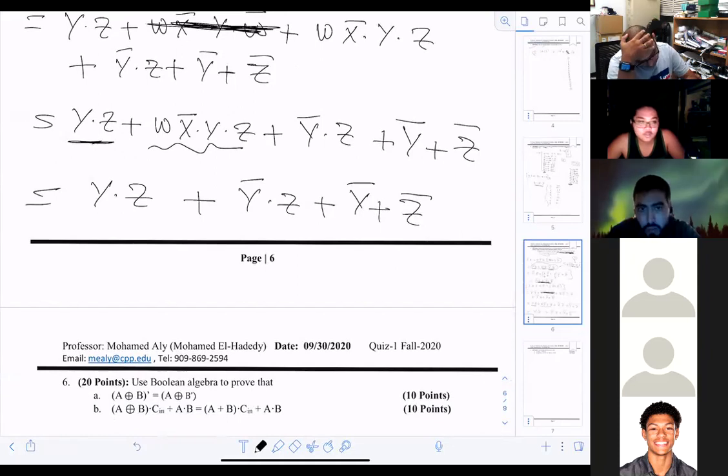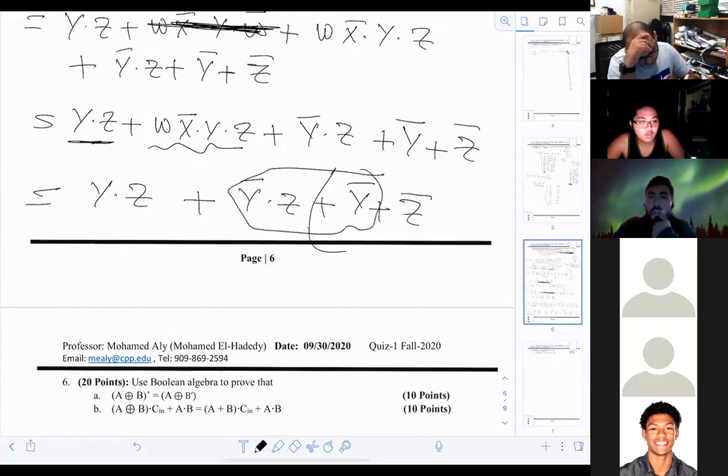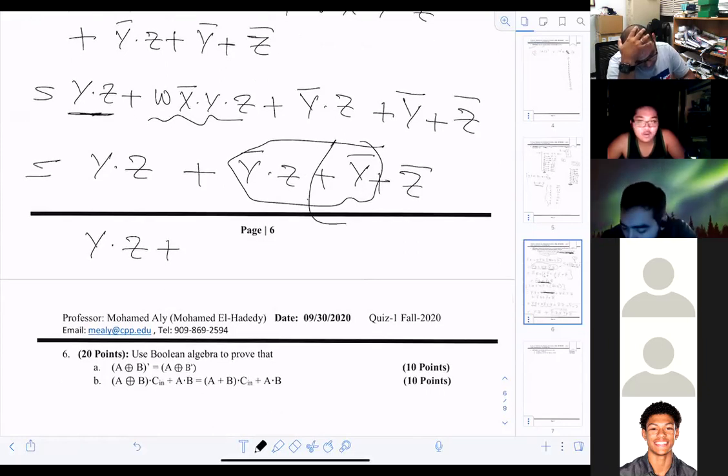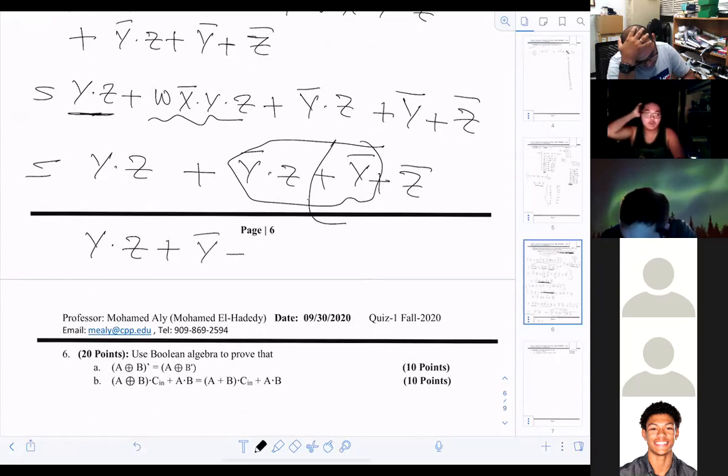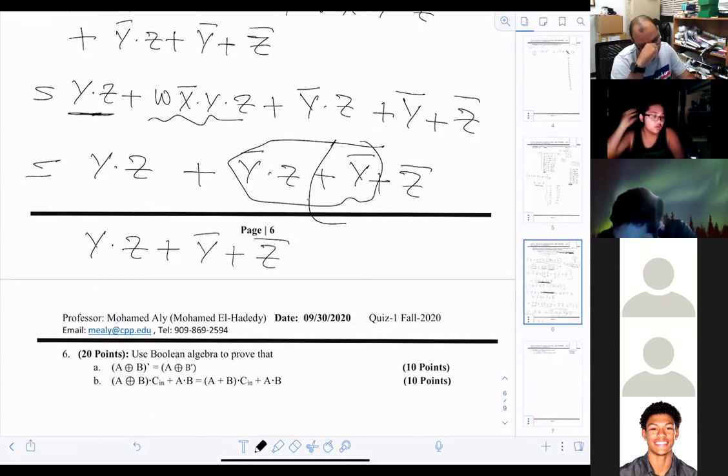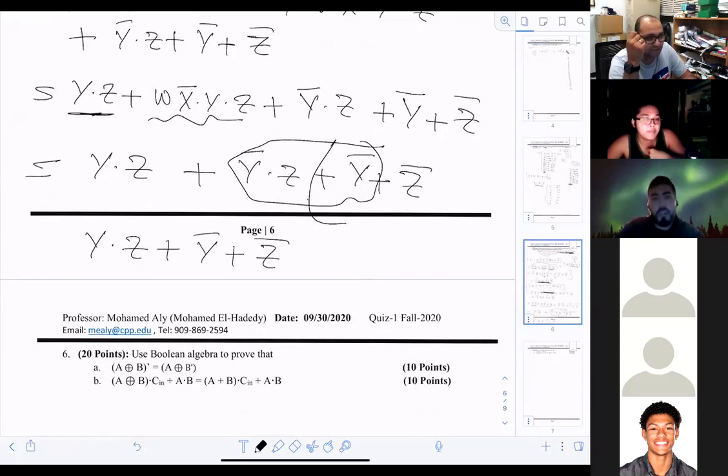Yes. Now this one is gone, right? So it's going to be Y, Z with Y complement with Z complement. That's another answer.